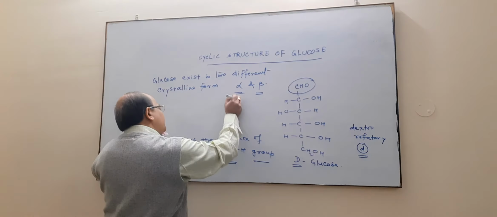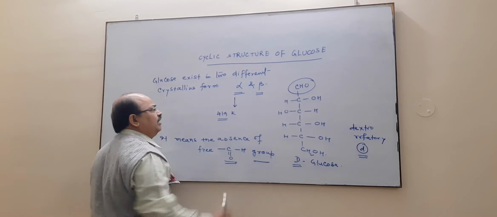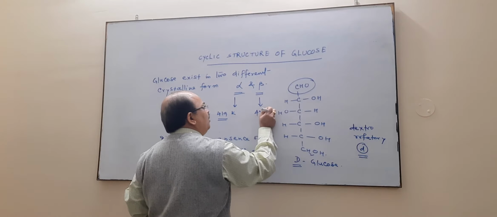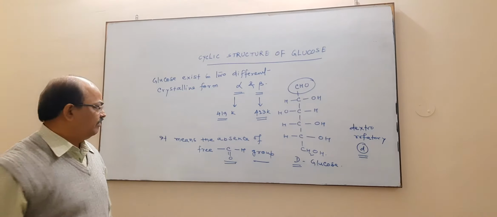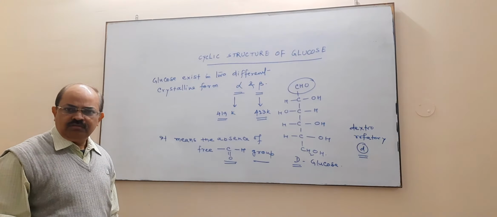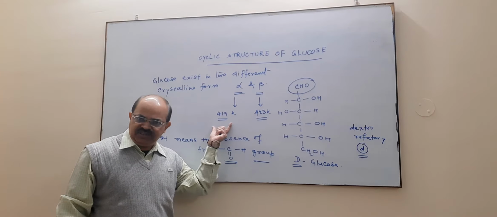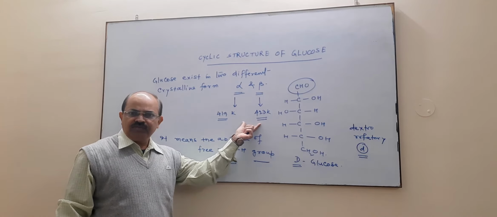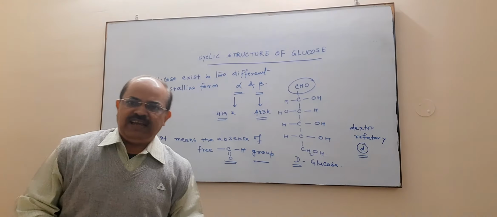Alpha glucose has a melting point of 419 Kelvin, while beta glucose has a melting point of 423 Kelvin.